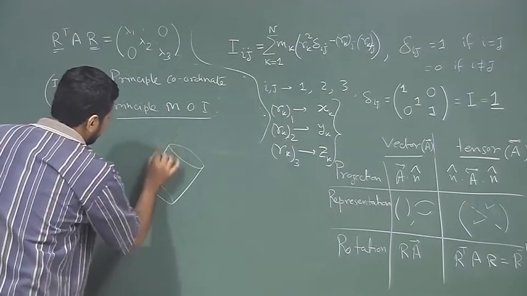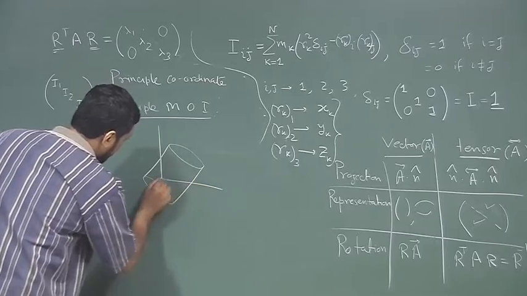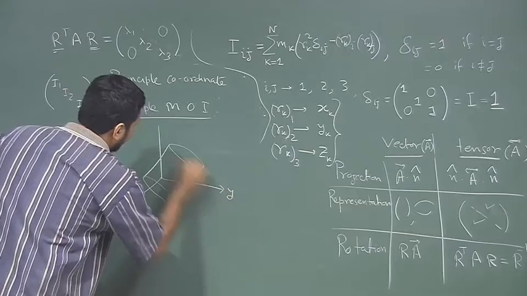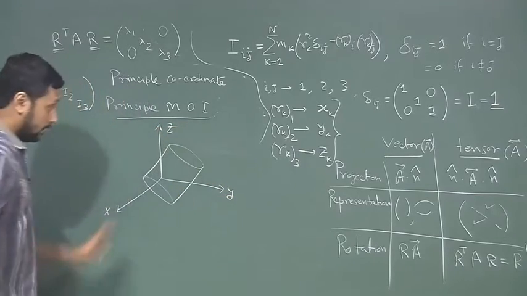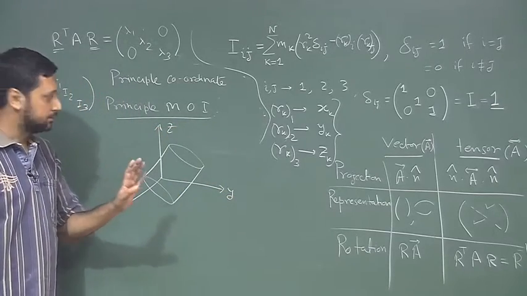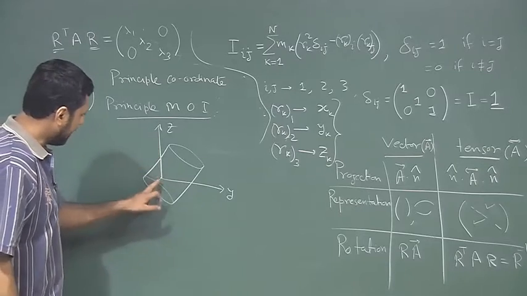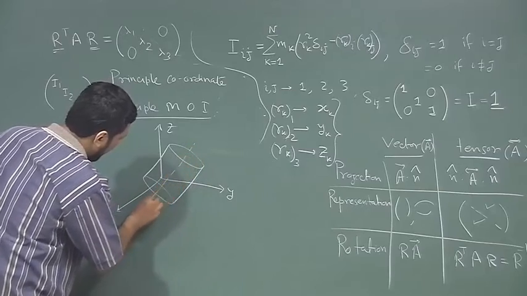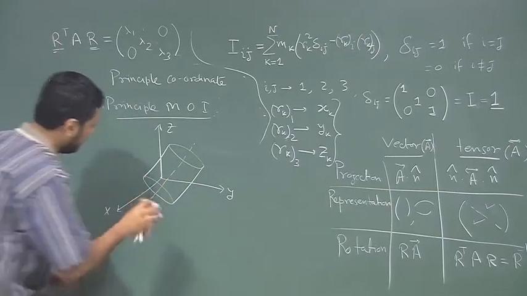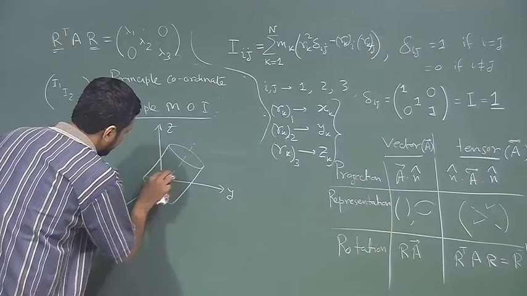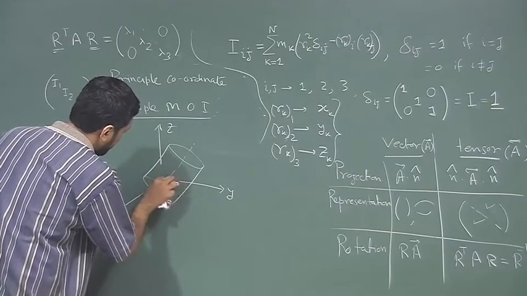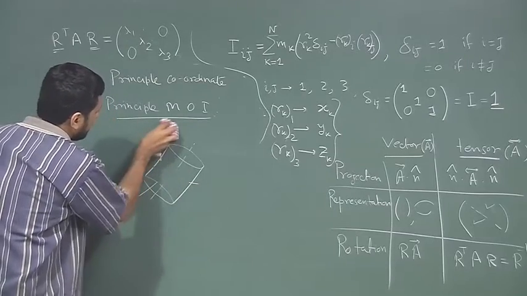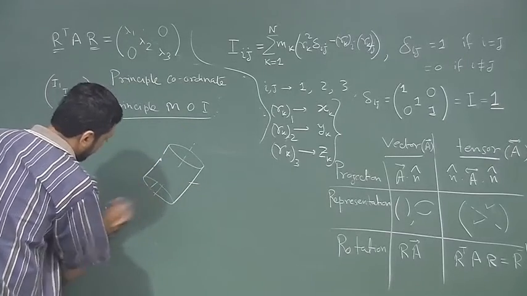Let us say this is the initial coordinate system we have, x and y and z. Here we are talking about the frame, which is, let us say, we have this axis. Okay, so this will not work, just give me a second. Also keep in mind that the moment of inertia tensor depends a lot on the origin.